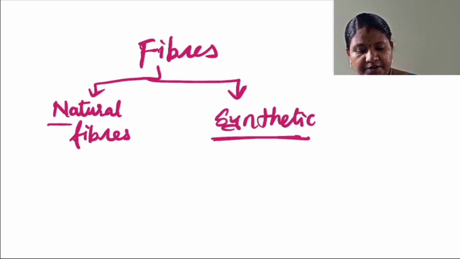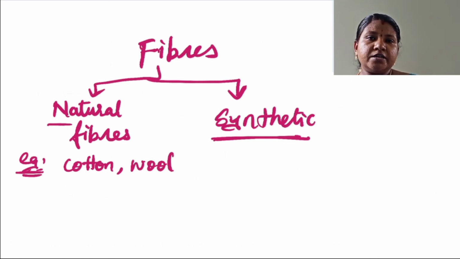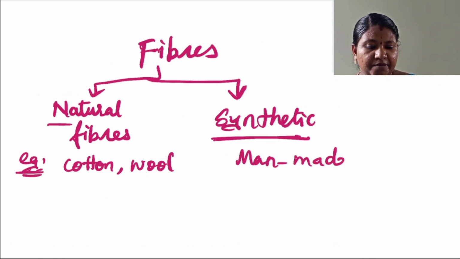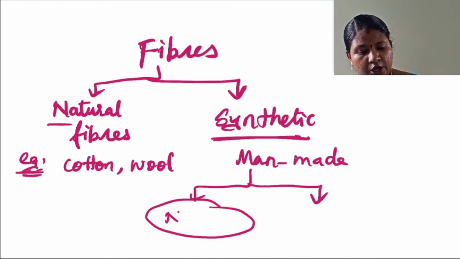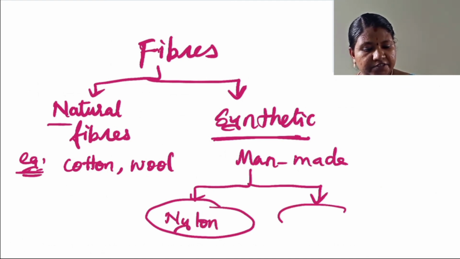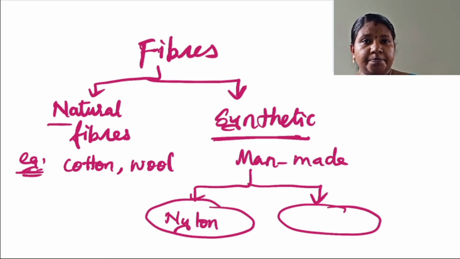Natural means, for example, cotton, wool, jute, etc. Synthetic means something which we prepare in the lab, man-made fibers made from petrochemicals like coal, petroleum and natural gas. About synthetic fibers we have seen two examples, namely nylon and rayon, and we have seen the properties, preparation and uses. Everything is completed for nylon and rayon.